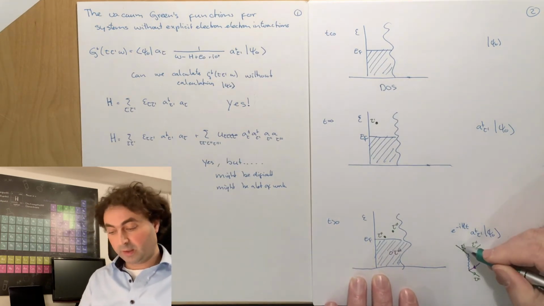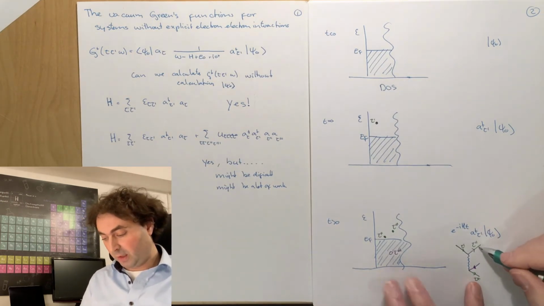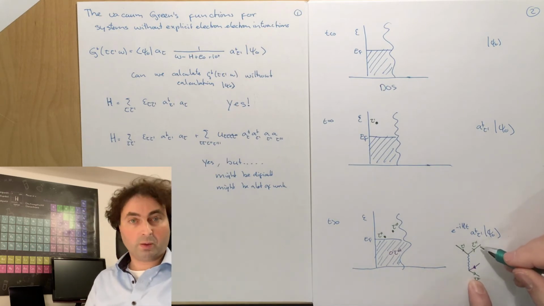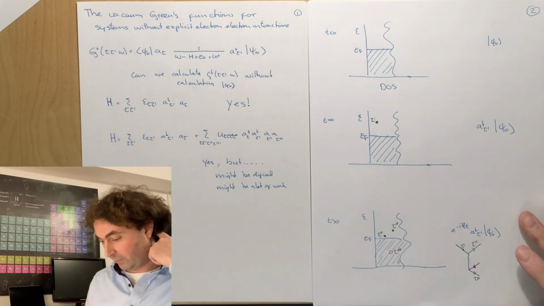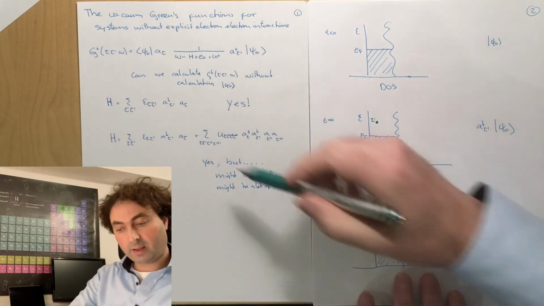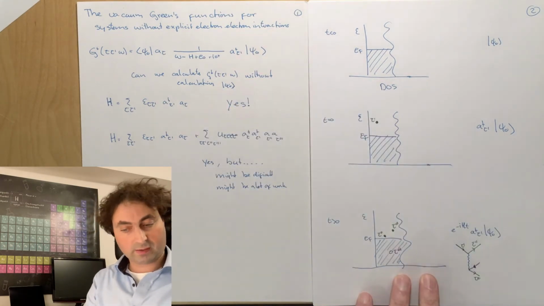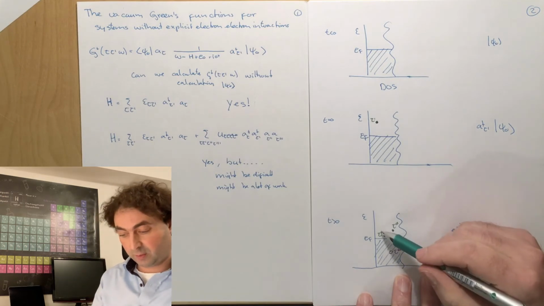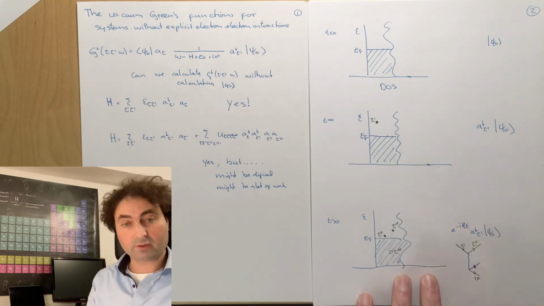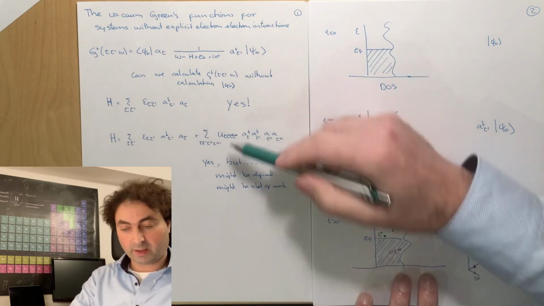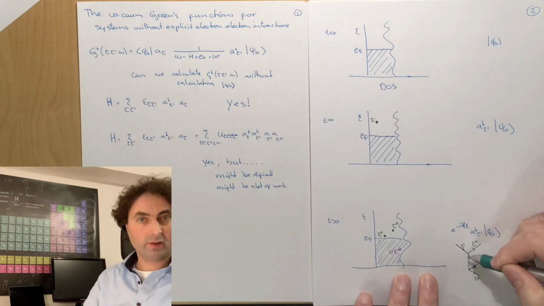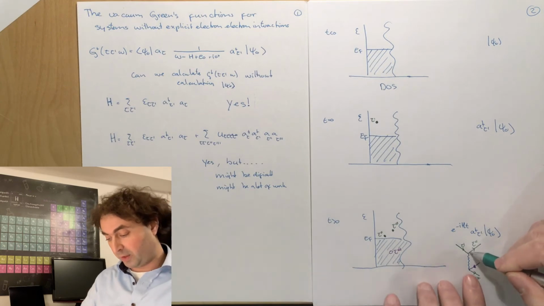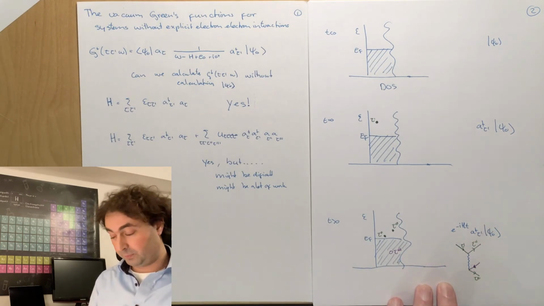So I start with one electron above the Fermi energy, and I end up with two electrons above the Fermi energy and one hole below the Fermi energy. So where in the case of just single particle interactions, you have to look at the propagation of a single electron, once I have also two particle interactions, the propagation of one electron can change into the propagation of two electrons and one hole.